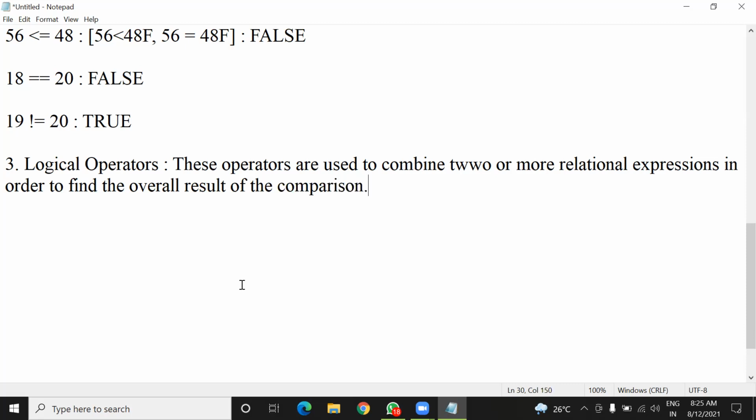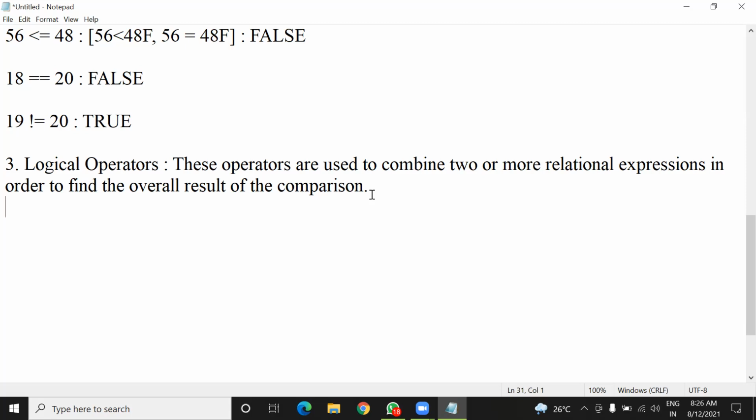These operators are used to combine two or more relational expressions in order to find the overall result of the comparison. Don't worry about this definition; you will understand by the example.